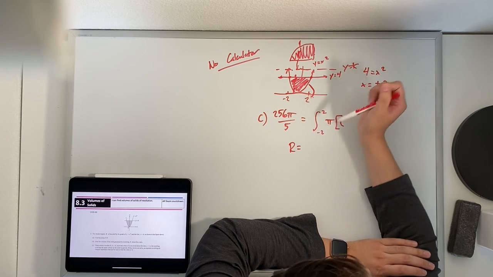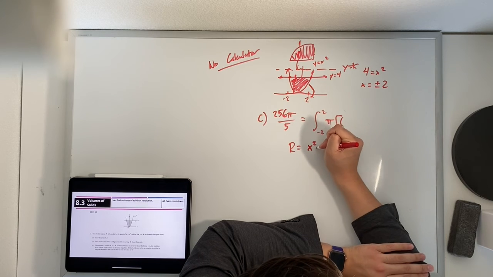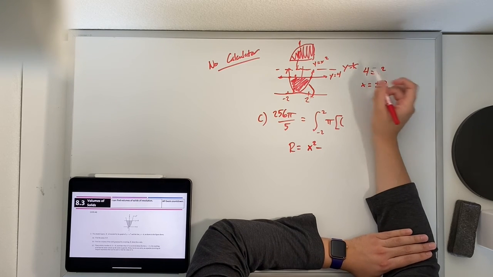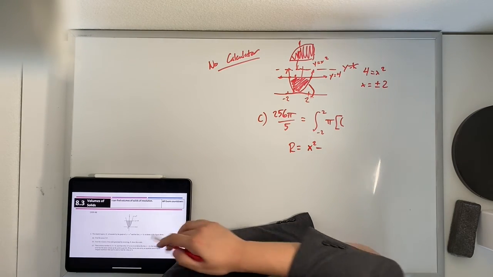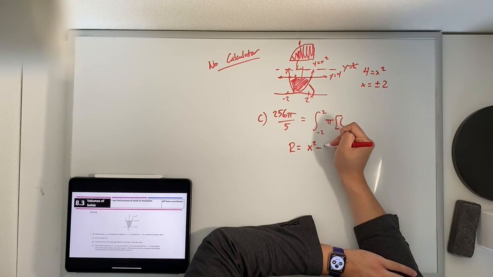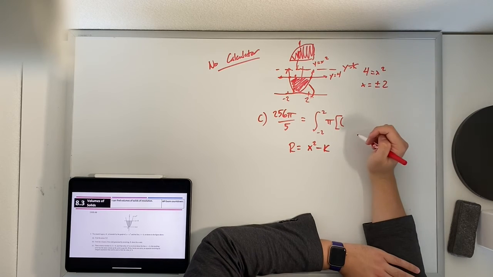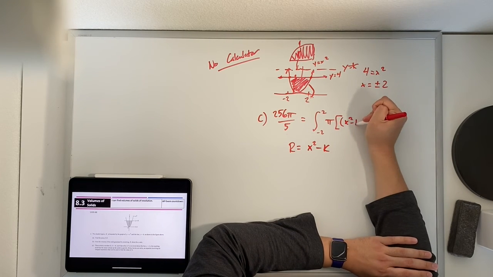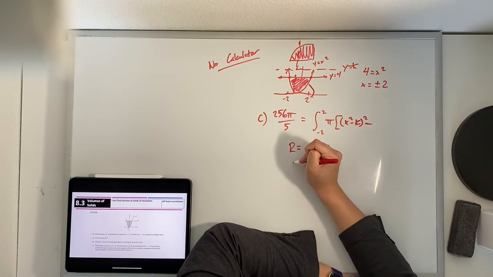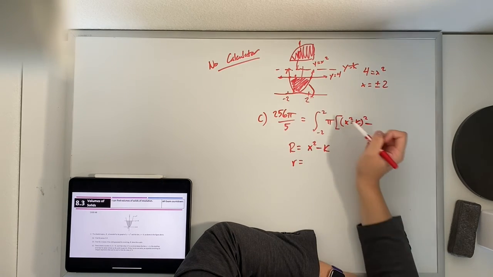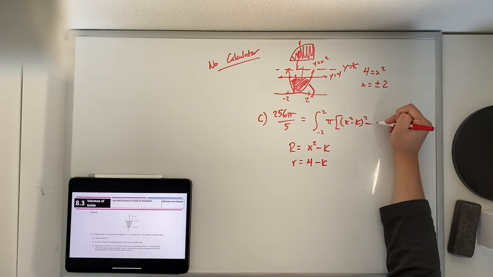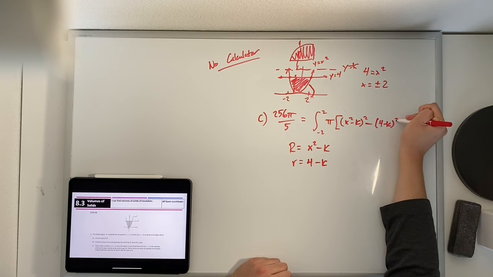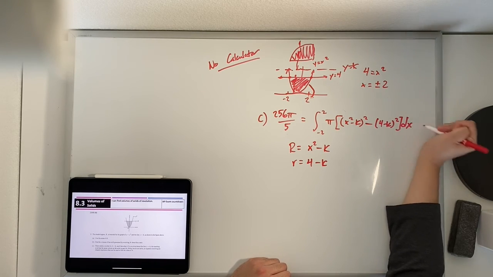That's x squared. So we have function minus axis; we don't know what k equals, but that's okay. It's an equation that we would use to solve for k, so k can stay as it is. So this is big R. And then little r is the function closest to the axis, which is 4. Function minus axis. dx.